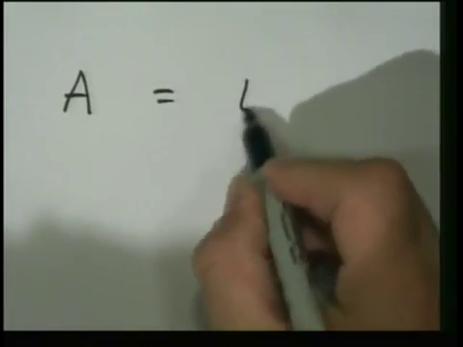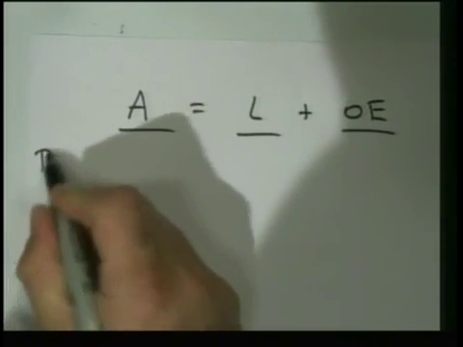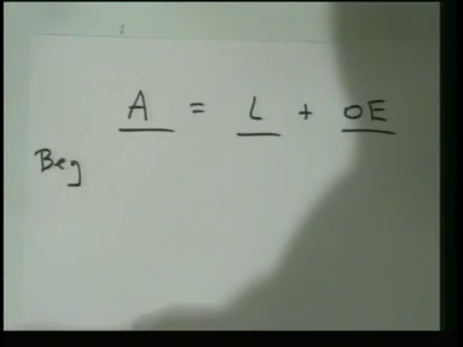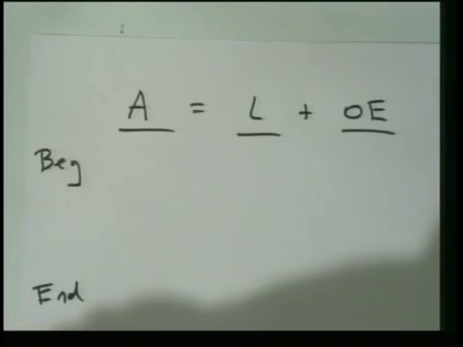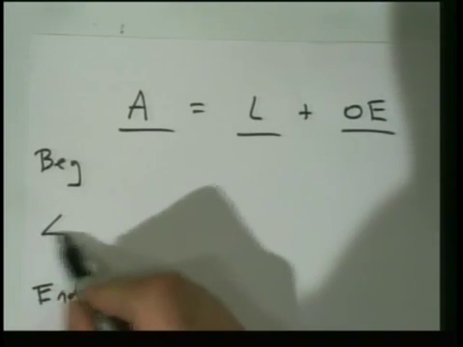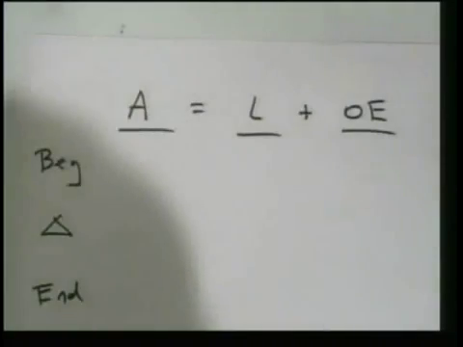We know that assets equals liabilities plus owner's equity. We know that, right? And we also know that that has to be true at the beginning of the period and also at the end of the period, right? And then whatever change occurs, change being the triangle delta sign, that has to also be the case, right?